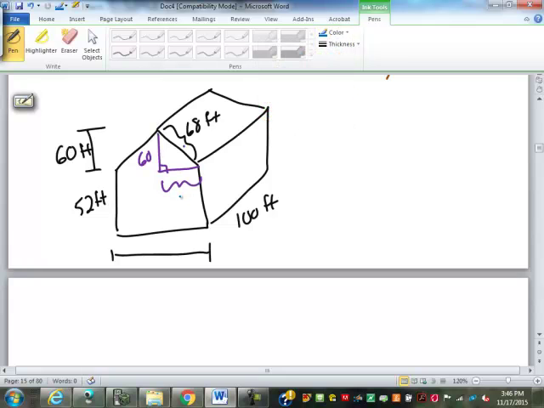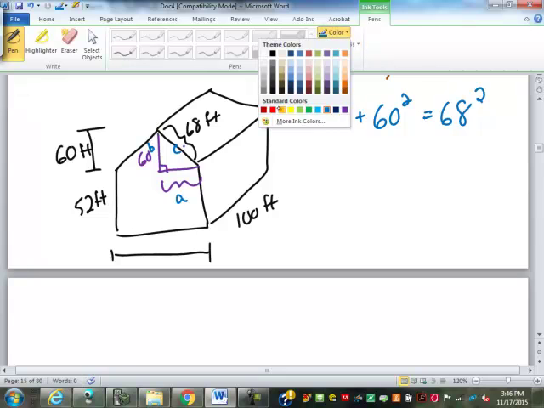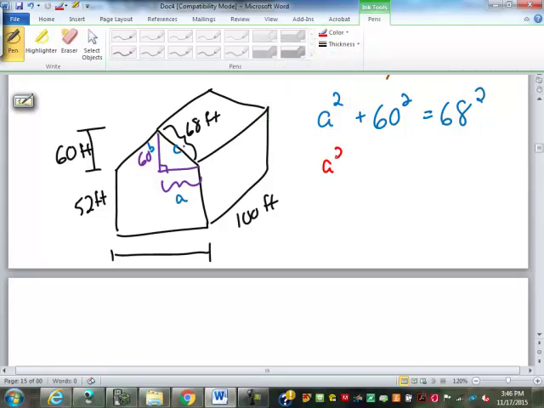Cool. Well, if this height is 60 and that is 68, I can find that piece. Because if I call that A, B and C, A squared plus 60 squared equals 68 squared. So A squared plus 3600 equals 4,624.